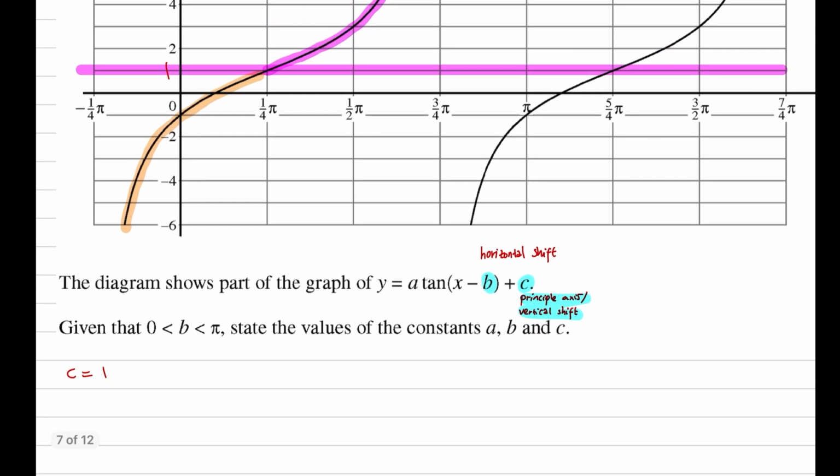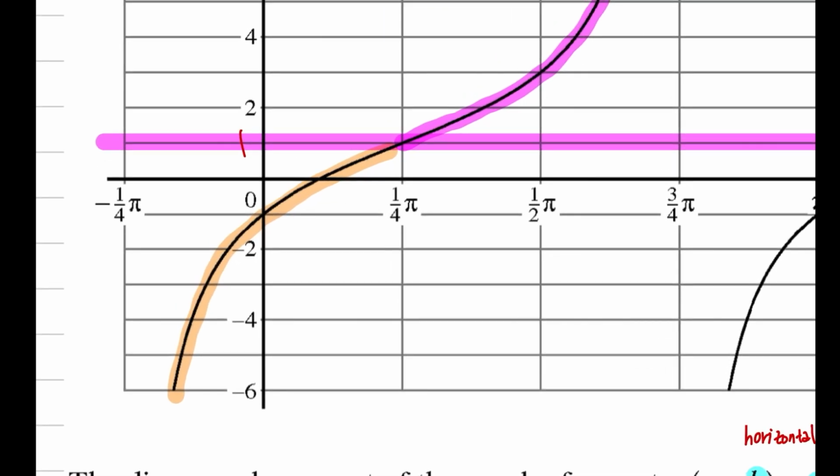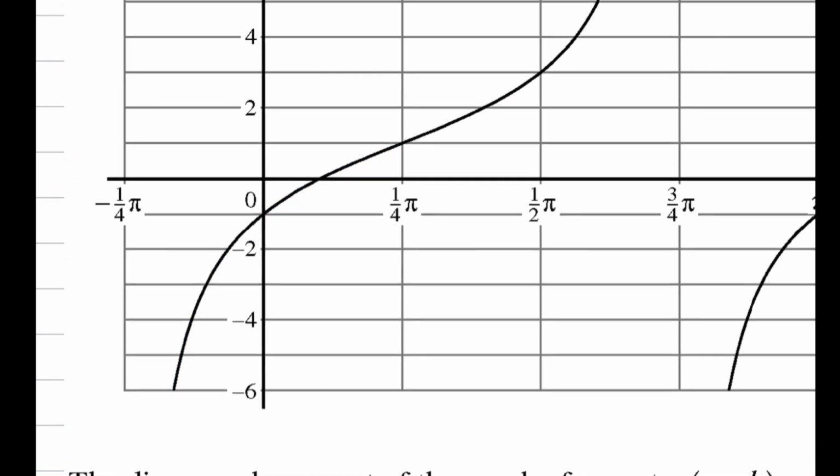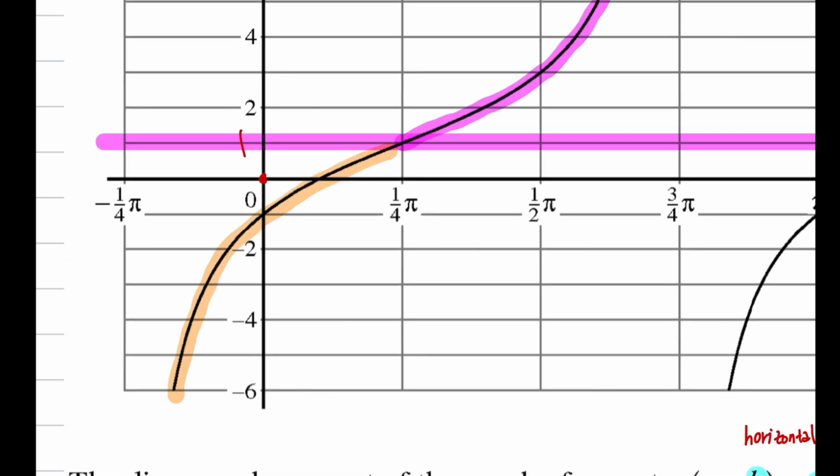Now, how to find b? B is the horizontal shift. We know that for the normal tangent, it starts from 0, 0. We already moved it up by the vertical shift, and then the starting point is translated to here. In y equals tangent x, the starting point is the boundary between these two curves, the middle point.